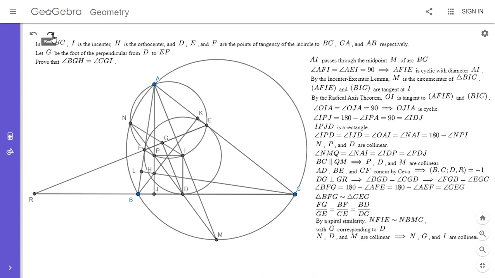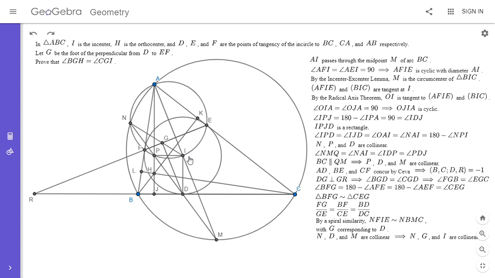So in these similar figures, G corresponds to D, I corresponds to M, and N essentially corresponds to itself. Since we showed N, D, and M are collinear, then N, G, and I also have to be collinear.